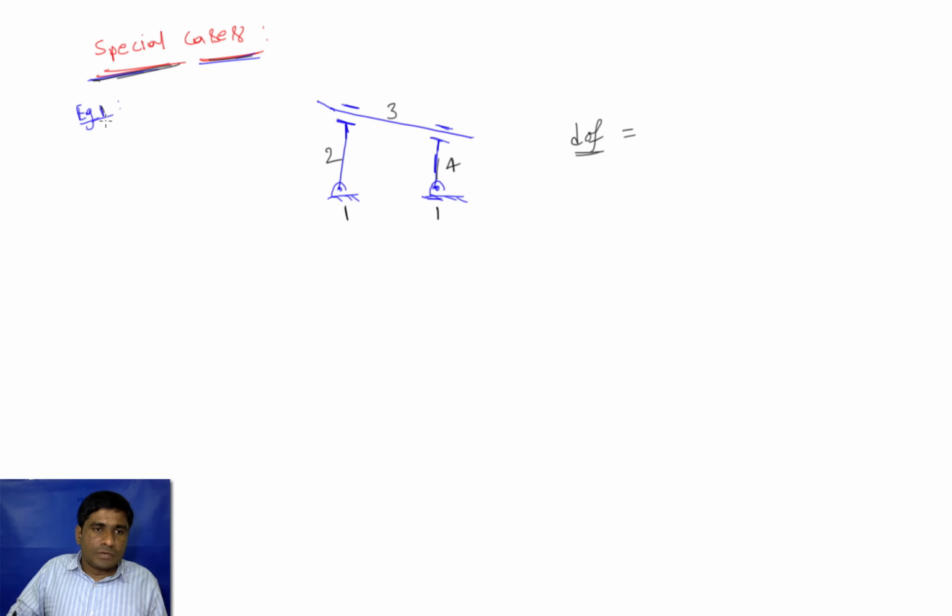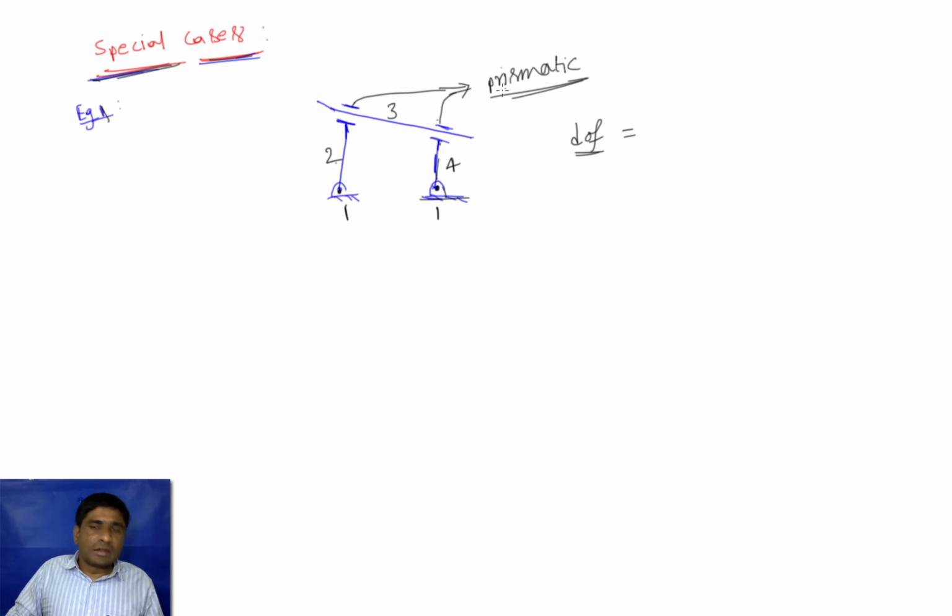This is one example, and here links 1 and 2 are connected by a revolute joint, and links 2 and 3 and 3 and 4 are connected using prismatic joints.